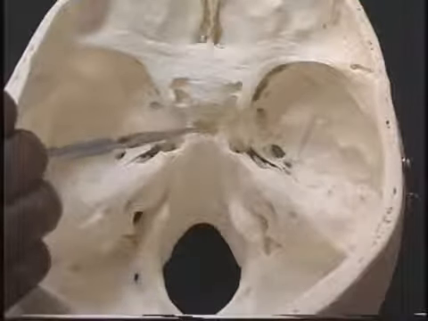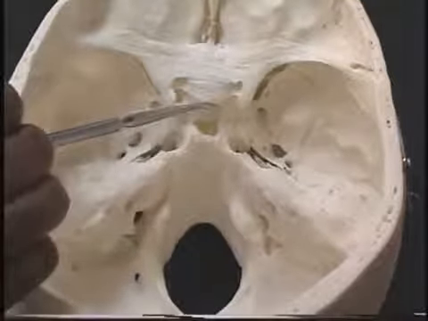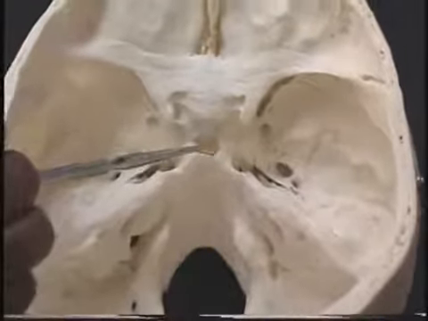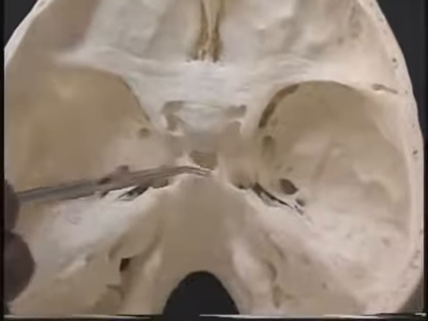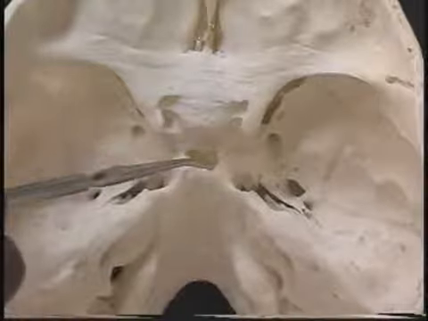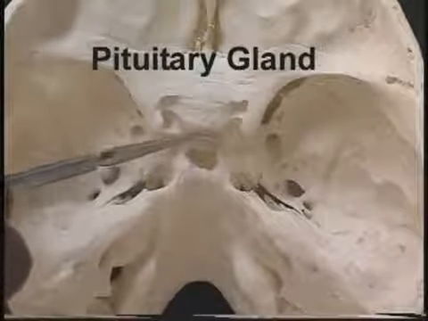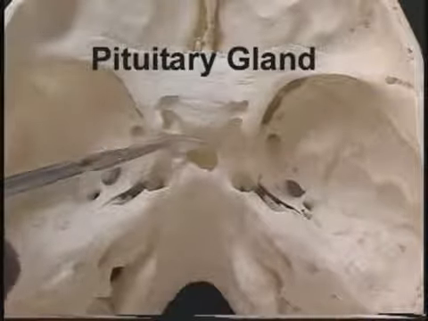This area in the middle is your dorsum sellae, which is formed by the body of the sphenoid bone, and this area here is where the pituitary gland lies, the pituitary fossa.